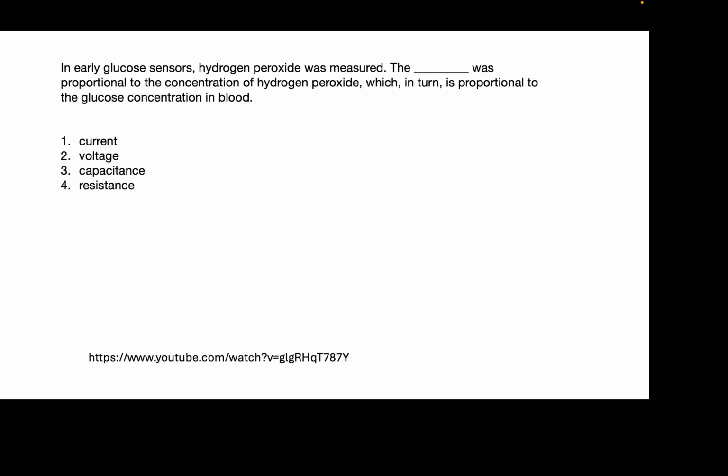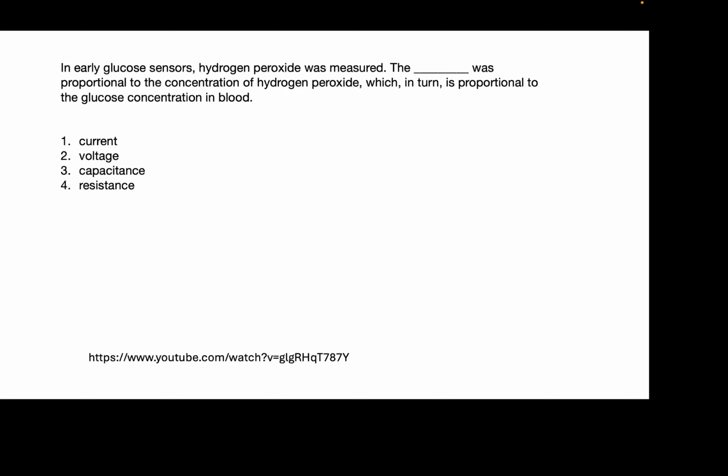Maybe this is the last question for today. In early glucose sensors, hydrogen peroxide was measured. The blank was proportional to the concentration of hydrogen peroxide, which in turn is proportional to the glucose concentration in blood. If you know about glucose monitors, you'll know that it works by using the basic principles of bioelectrochemistry at the end of the day.